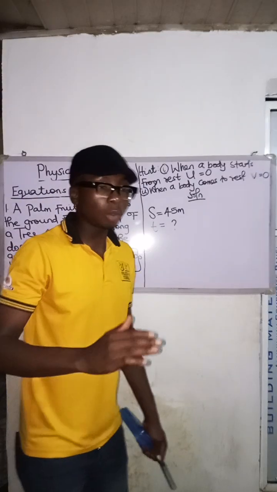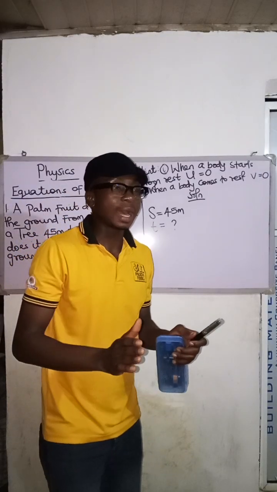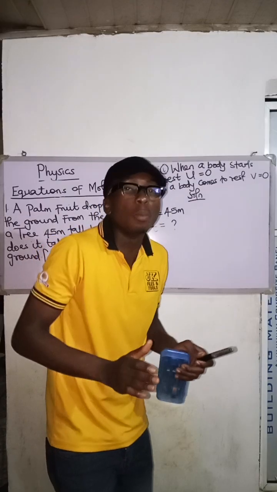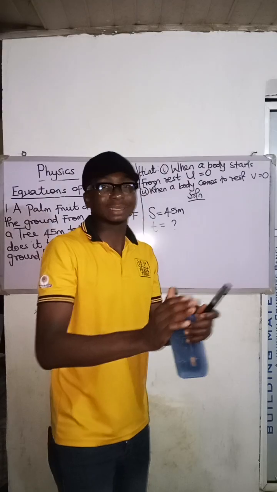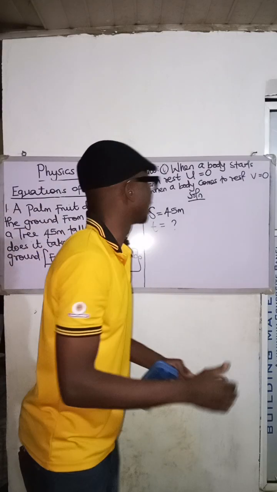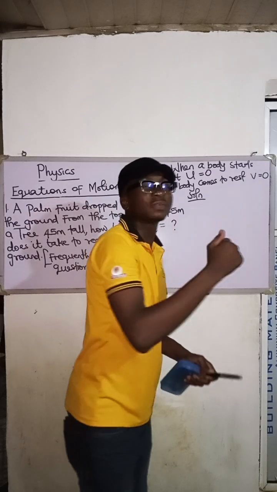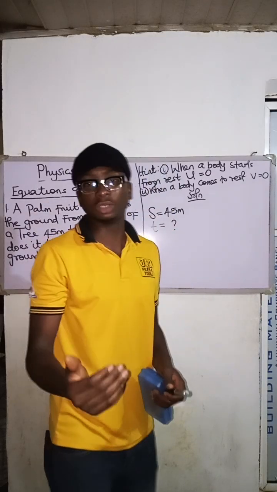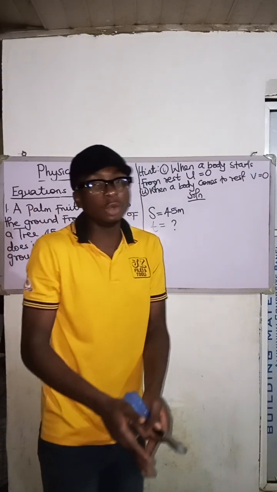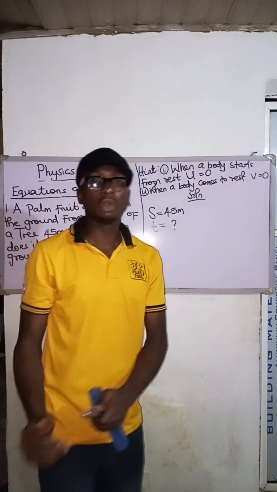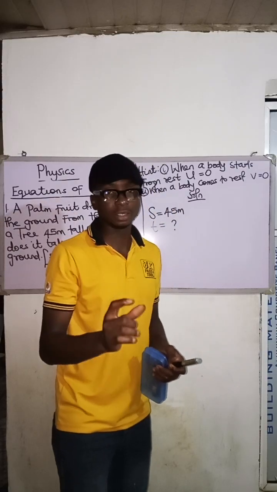If a body comes to rest, or let's use a car, when a car is moving and it's already in motion, let's say the driver wants to park it. That process in which the driver wants to park that car, it means the car is coming to rest, and V, which is final velocity, is equal to 0. When a body starts from rest, initial velocity, which is U, is equal to 0. But if a body comes to rest, final velocity, which is V, is equal to 0.